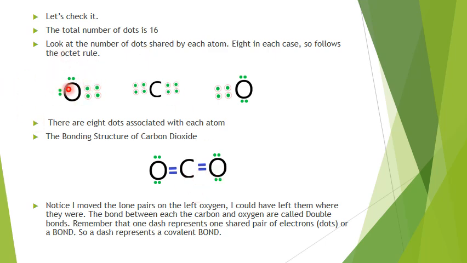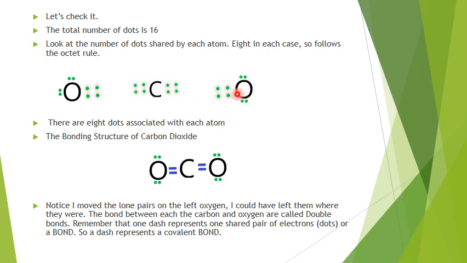This up here shows the claimed electrons. This left oxygen can claim its own 4 over here, plus the 2, plus the 4 that's sharing, so it now has 8 in its outer shell. The carbon now has 8 electrons that it can claim.